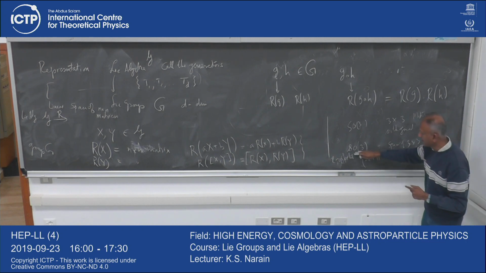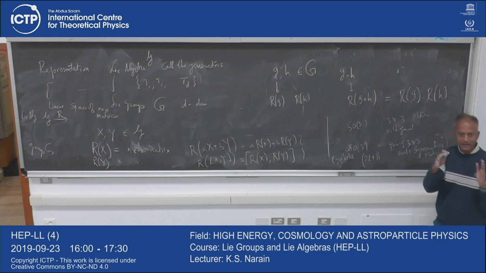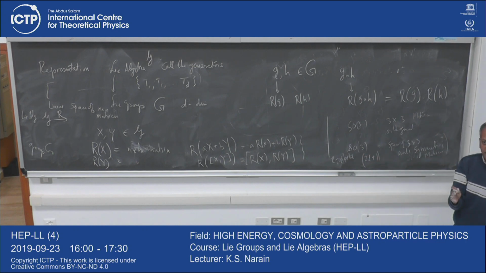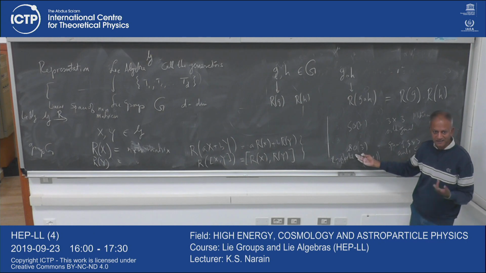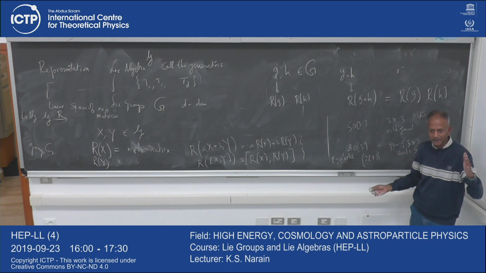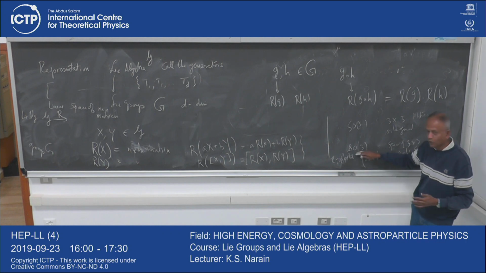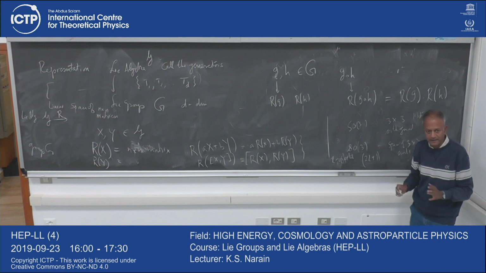So of course SO(3) will map into a subset of the 2L plus 1 dimensional matrices, but not the most general, because SO(3) has only 3 parameters, it's 3 dimensional. A 2L plus 1 by 2L plus 1 matrix space is of much bigger dimension. So not any such matrix will appear in a representation of SO(3); it will be a 3-dimensional subspace of that.